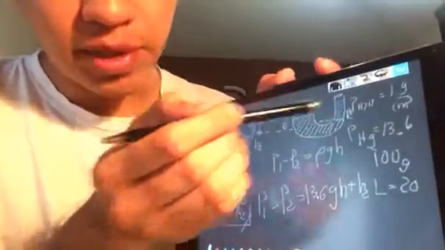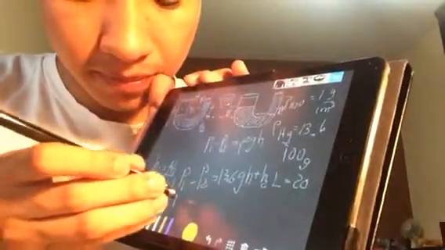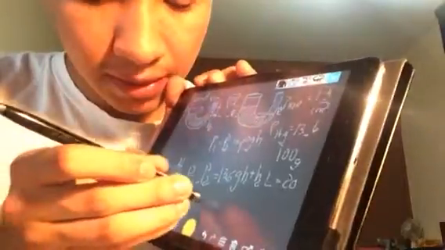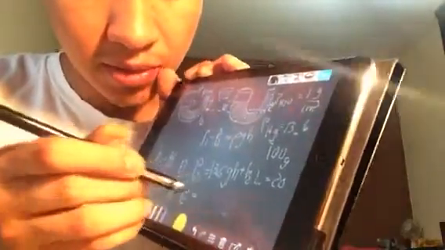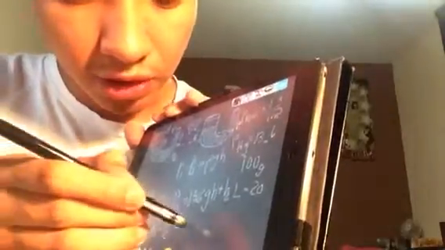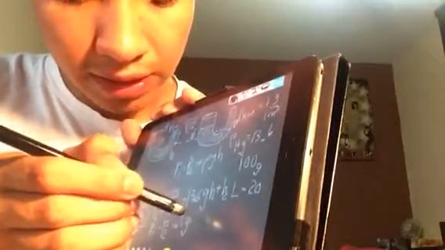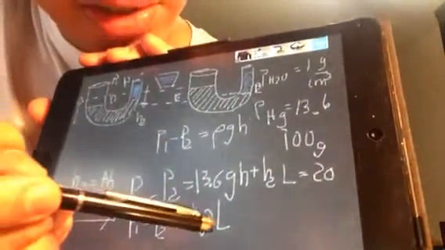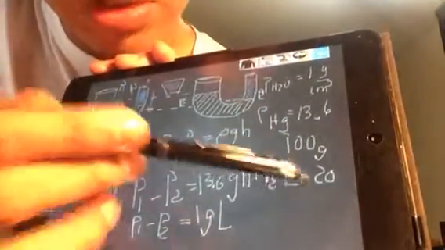For the other part, it is the water. We have that P1 minus P2 is going to be equal to the density of the water, that is 1, times g times H. But here H is going to be L, that we already know, that is 20.